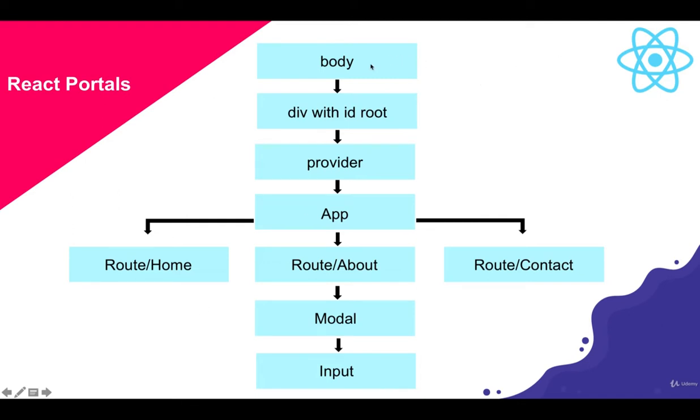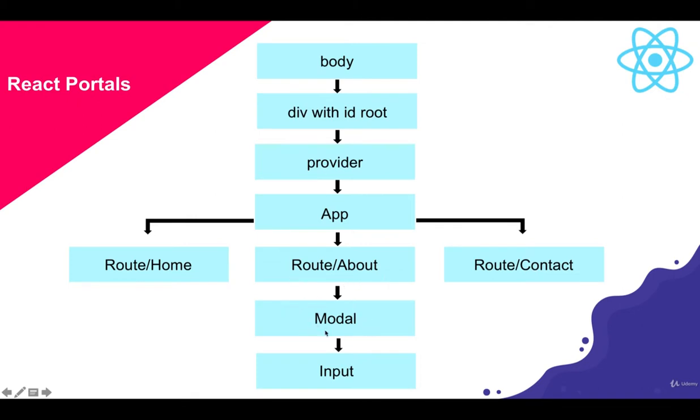And at the very top of any HTML document, we have this body tag. And inside the body, we usually have a div with an ID of root. And we are rendering our entire React application into that div with an ID of root. So inside of that div, we've got a provider, and we've got the app, and we've got the different routes inside the app component.